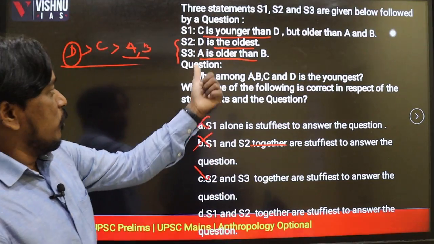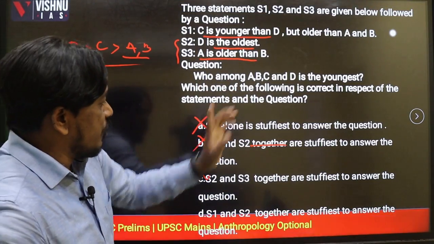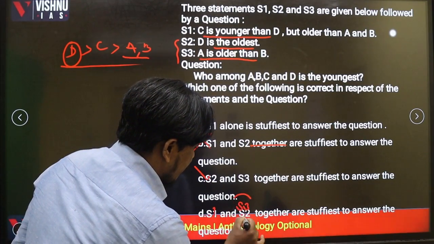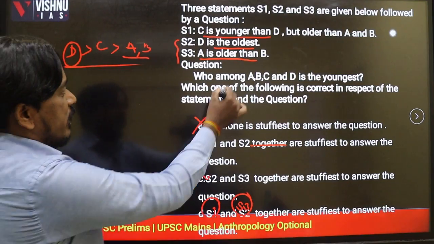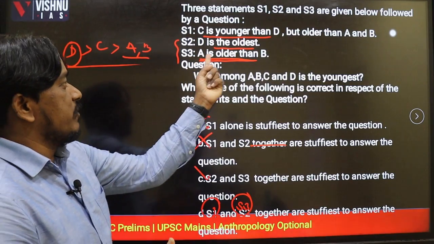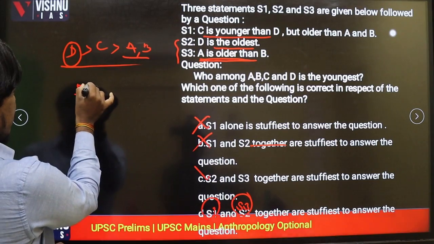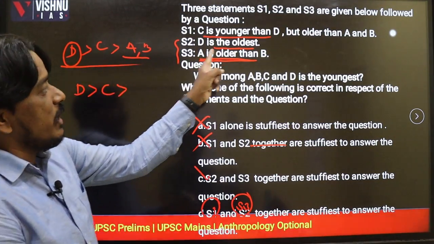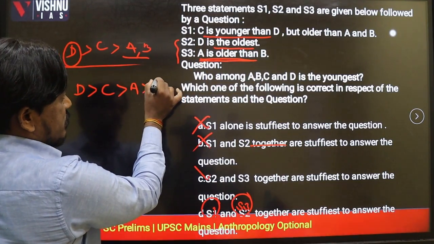Finally we are left with statements 1 and 3. From statement 1 we are getting this data. According to statement 3, A is older than B. Whenever we compare A and B, A is older. According to this, we already know that D is older than C and C is older than A and B. Between A and B, A is older than B according to statement 3.